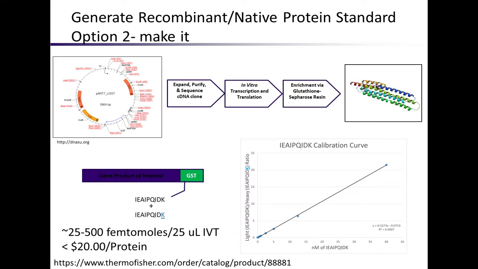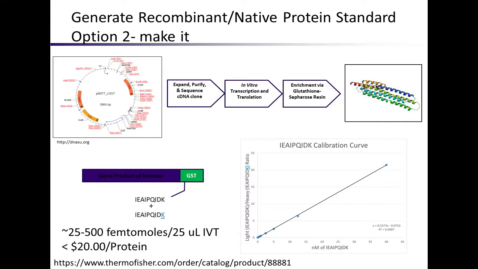And then what we can do is spike in a heavy label of one of the peptides in the GST tag, okay? And then we can plot this. So here on this calibration curve, we're looking at the ratio of the light to heavy peptide from the GST tag on the y-axis, and the concentration of the peptide on the x-axis.